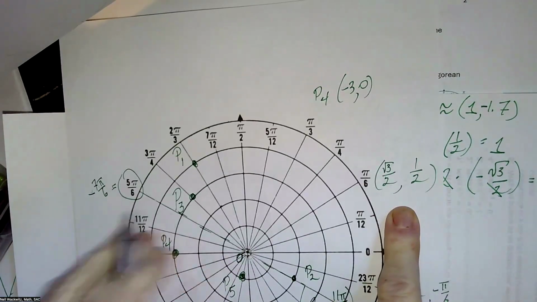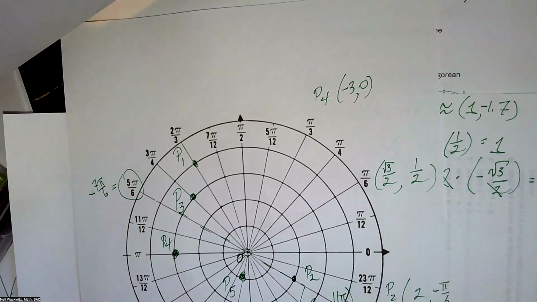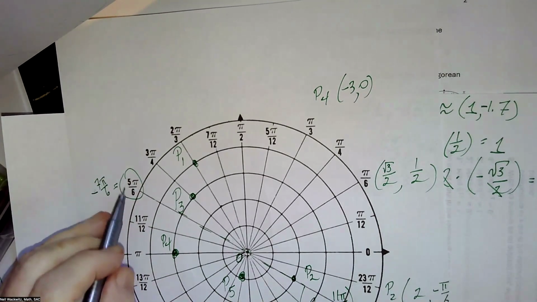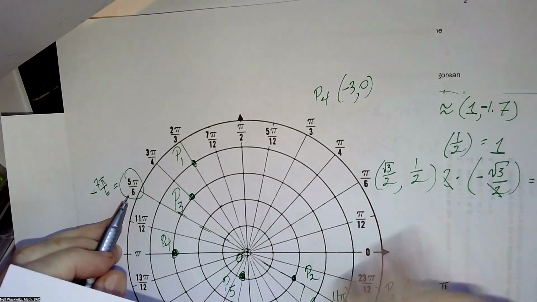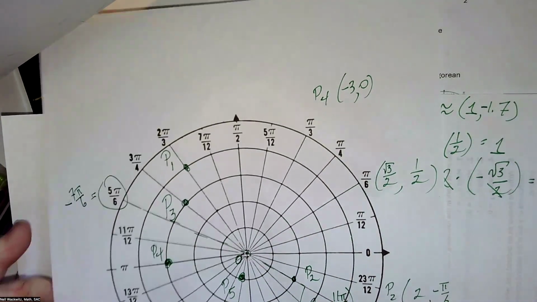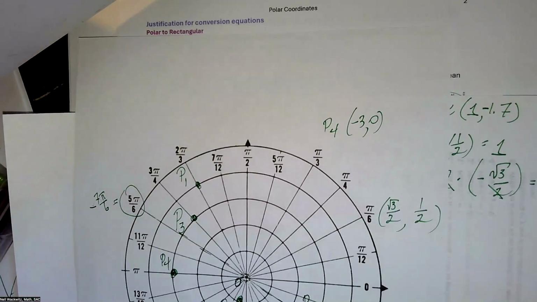Our angle is in quadrant 2. In quadrant 2, is sine positive or negative?